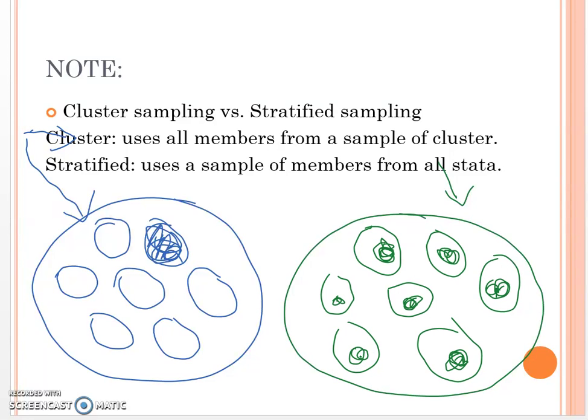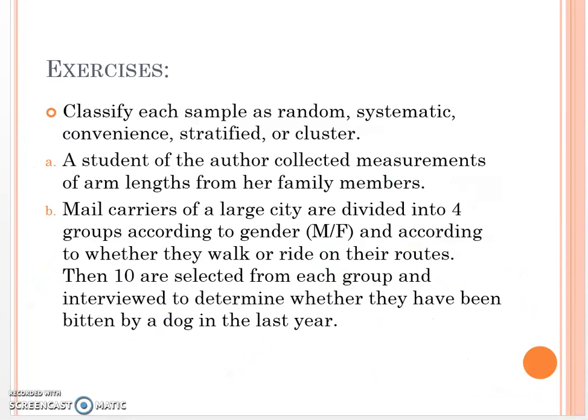So we take a sample from each group, put them together, and take them all out eventually. And this is called stratified sampling. Okay? So you see the difference between these two? One uses the entire group, one uses a sample of the groups.